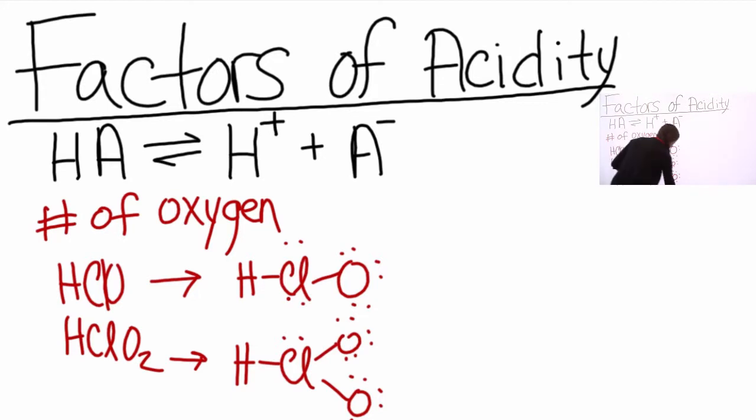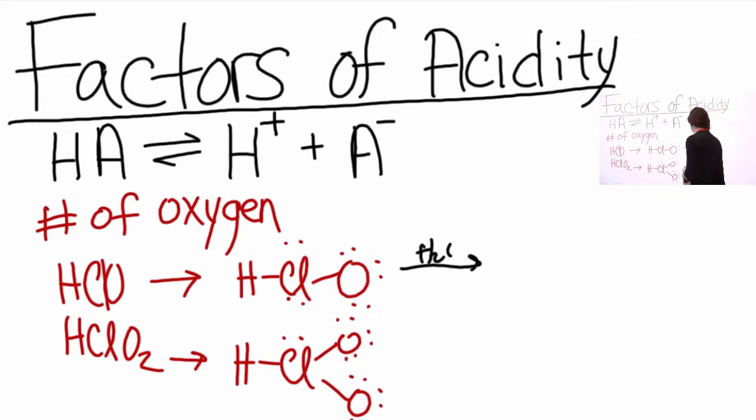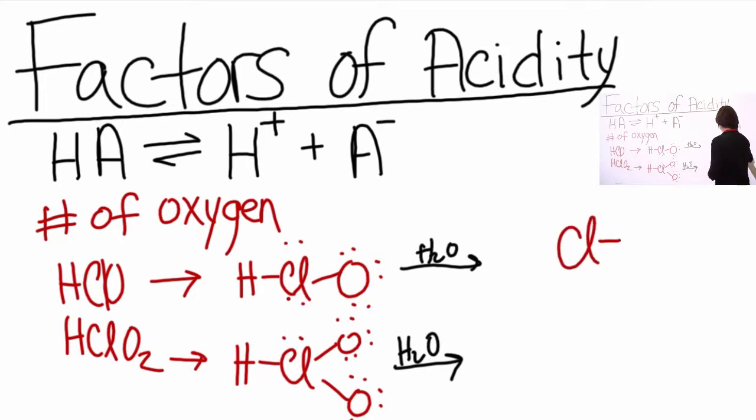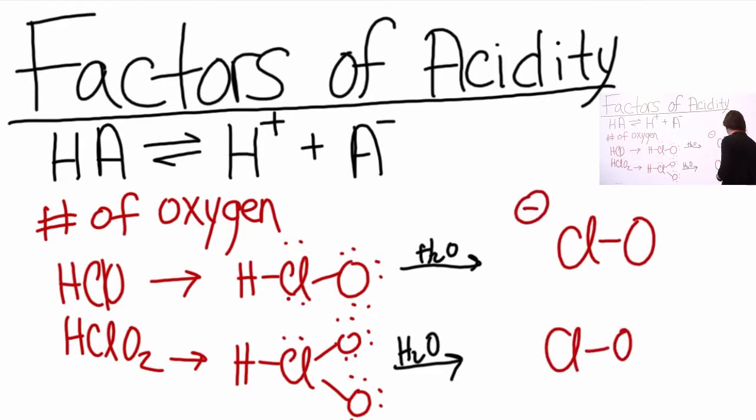So when you break these down in water, the anions that you're going to form are going to be ClO minus with some minus charge here, and ClO2 minus with some minus floating around.